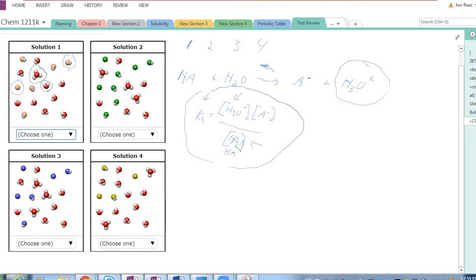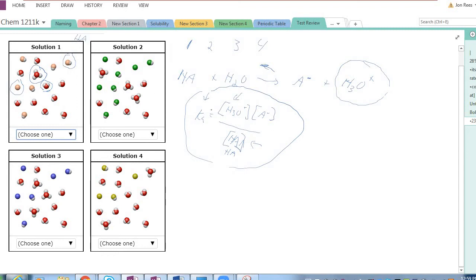That's half the battle, figuring out what they're asking. The whites are definitely hydrogens, and the red is the oxygen, and this off color is going to be the A of our HA. Since these are all in equal volumes, what we can do is just fill in these things.